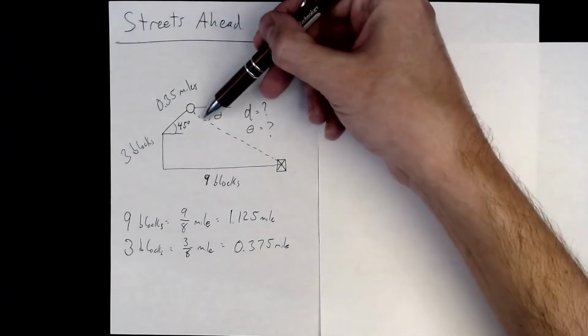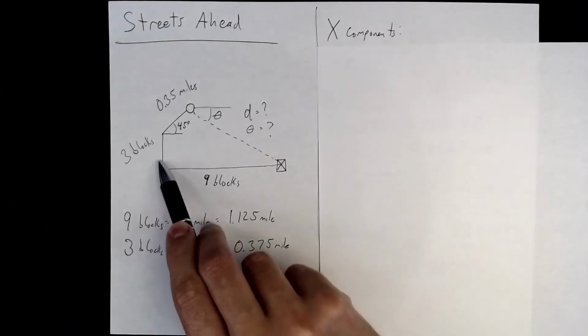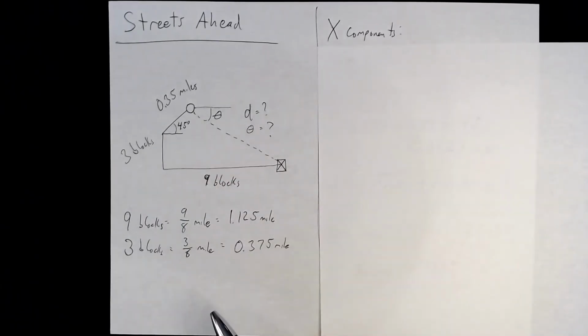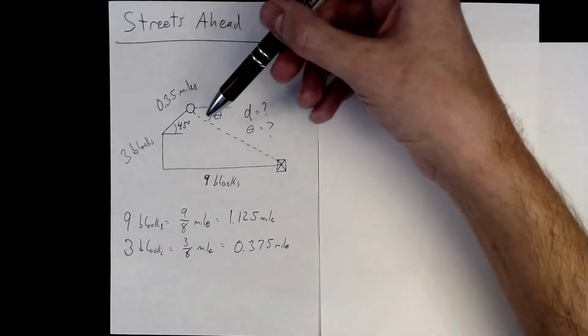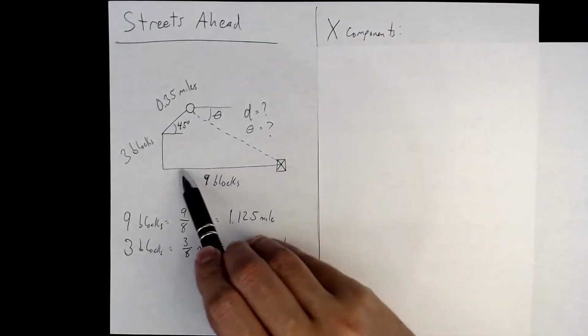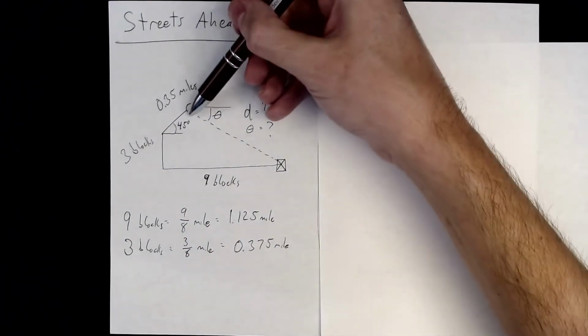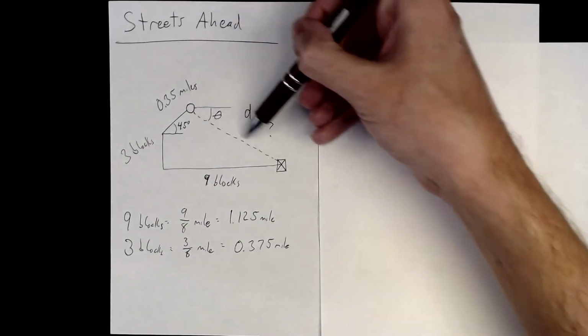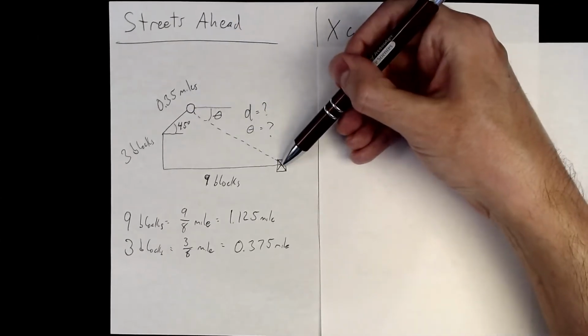Well, the resulting difference between them is going to be this vector plus that vector. The x component of that will be the x component of this plus the x component of this plus the x component of that. This dotted line represents the vector connecting where I end up to my house.